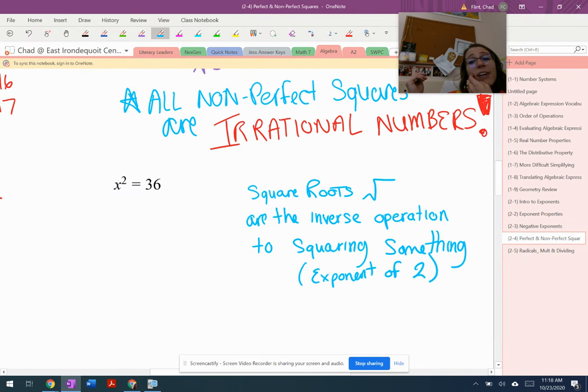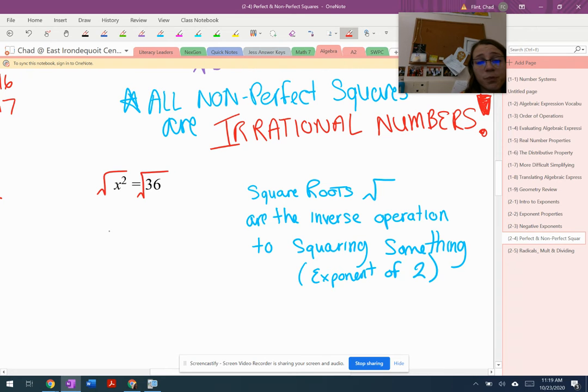So just like in a normal equation, if I had something being added, I would do the inverse operation of that and subtract it from both sides. Here, to get rid of this squared, the inverse operation of a square is a square root. So I'm going to square root both sides, leaving you with x equals.